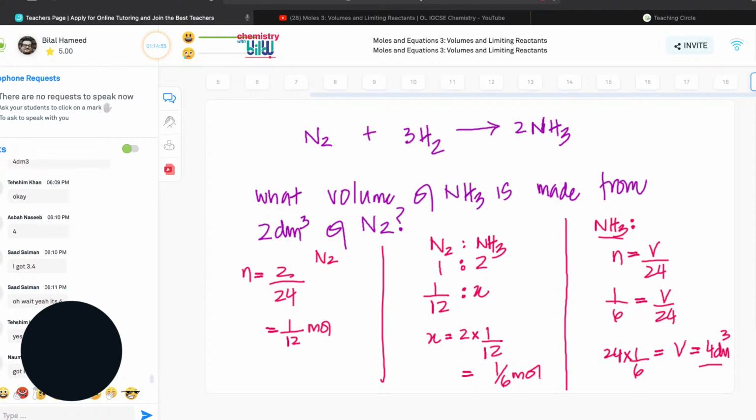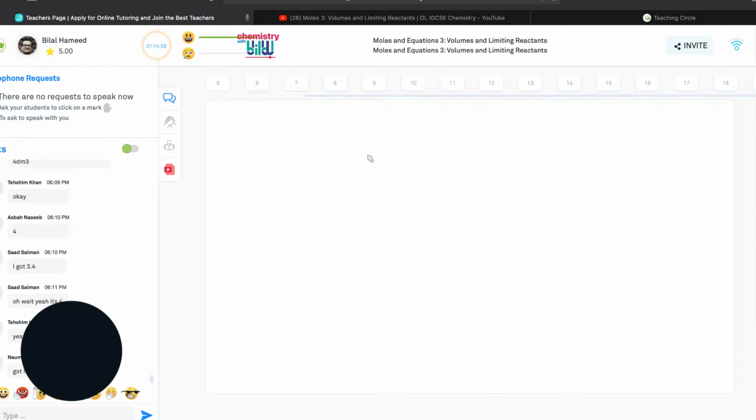The other method is this, and this only applies to gases, and just take my word for it: for gases, mole ratio is the same as volume ratio, but only for gases.